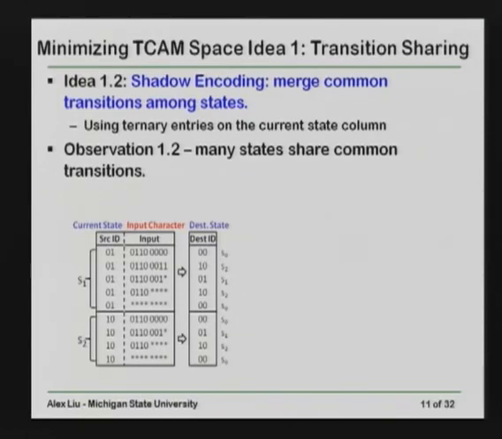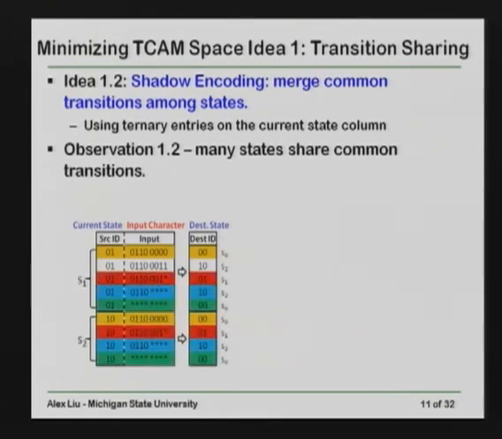After character bundling, let's take a look at these 2 states, S1 and S2. If you look at the first entry of each table, you will discover that they only differ in the source ID column. The input is the same, and the destination ID is the same. Similarly for the rest, these 2 red ones only differ in the source state ID.